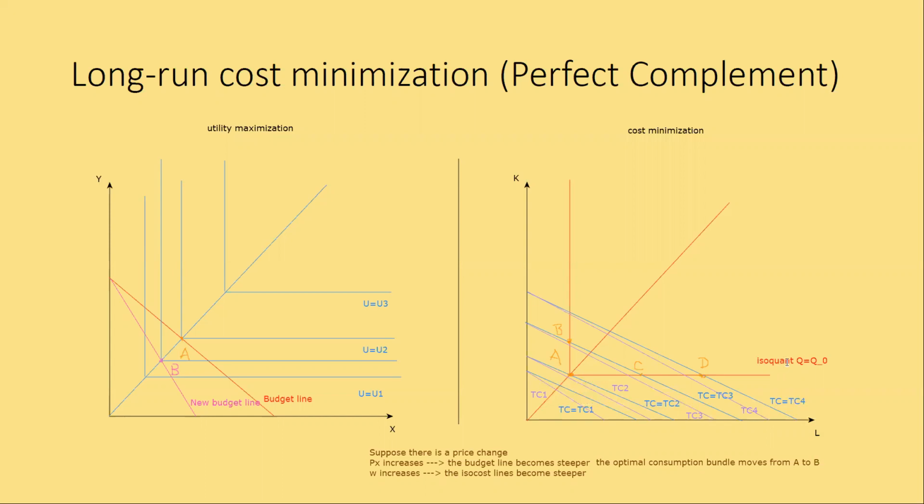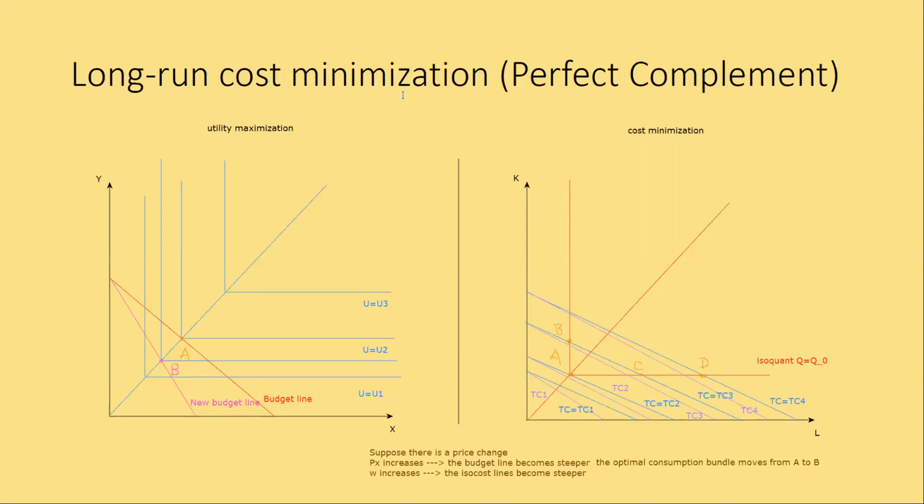Now let's see what will happen to the cost minimizing input combinations. So we see that, which point will the firm choose? The firm will still choose point A, am I right?